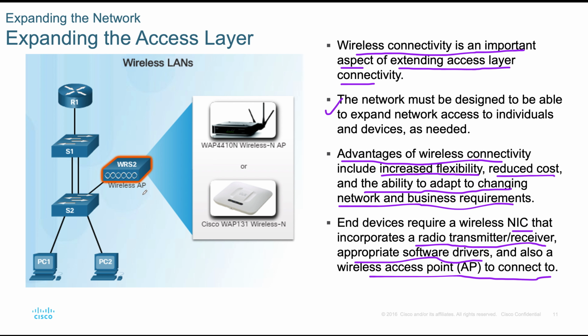To do that, first we talk about wireless connectivity. We know that wireless connectivity has, in today's world, become an integral and very important aspect of extending the access layer connectivity in our network, right? Now, the network must be designed to be able to expand network access to individuals and devices as needed.